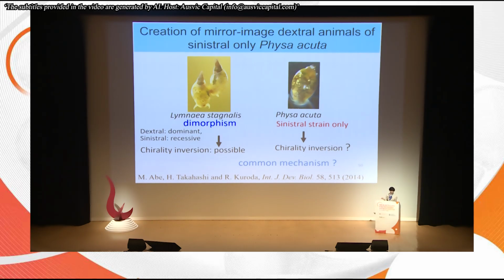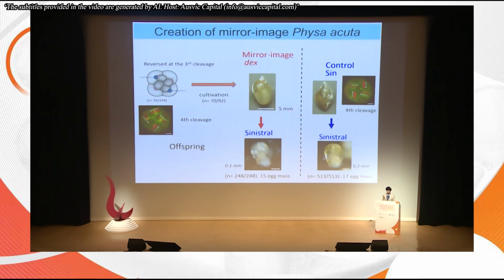So it may not work for other snails, so we tried Physa acuta, a sinistral-only snail. Can we do the same thing? Yes. We created a dextral snail, which no one has ever seen. Of course, the next generation goes back to the gene it has, so it goes back to sinistral, but we could create the dextral Physa acuta.